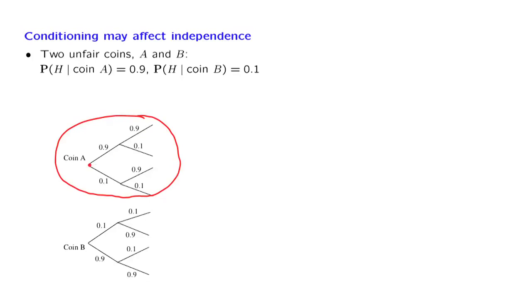In this conditional model, the probability of heads is 0.9, and moreover, the probability of heads is 0.9 in the second toss, no matter what happened in the first toss, and so on as we continue. So given a particular coin, we assume that we have independent tosses.